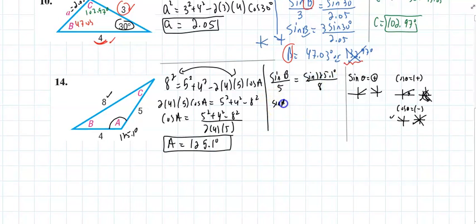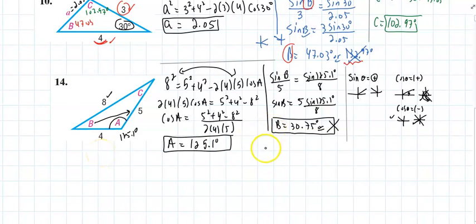And the sine of B would equal 5 times the sine of 125.1 degrees divided by 8. And B will equal, I'm going to take the acute, I don't need to worry about one or two cases, 30.75 degrees. And I wouldn't even worry about the other case because I know this angle is opposite of 5. There's no way it could be obtuse.